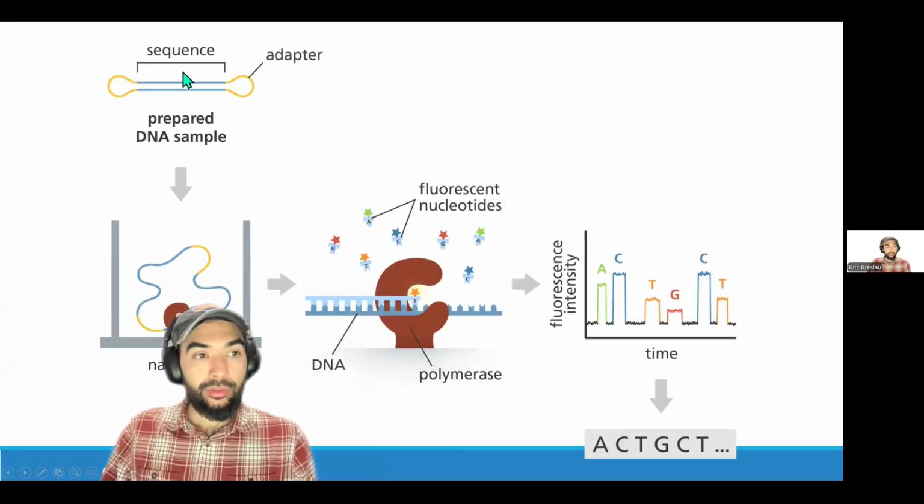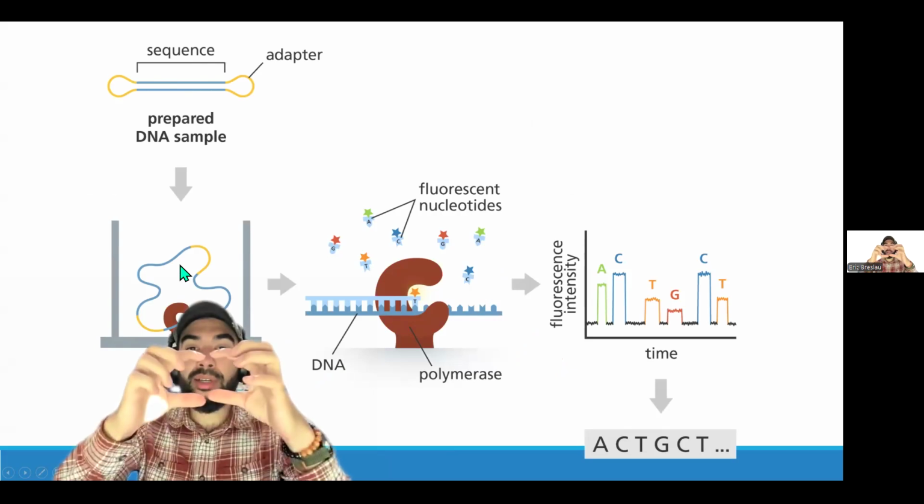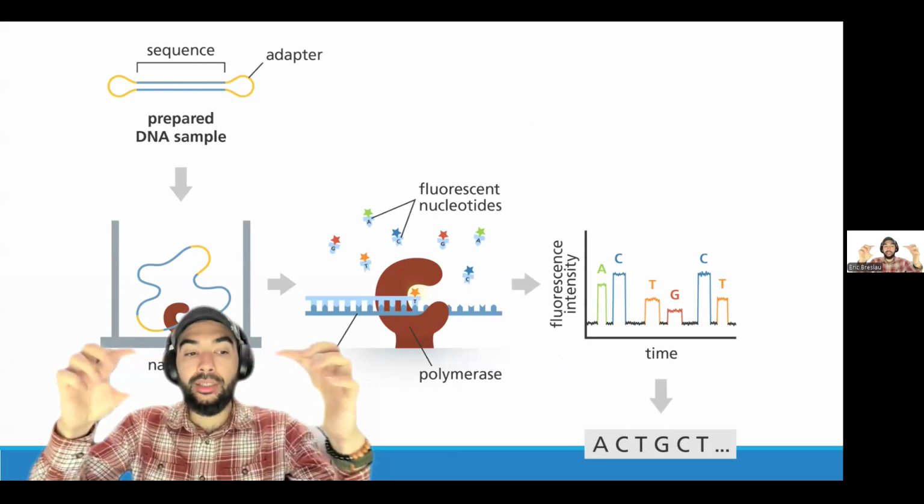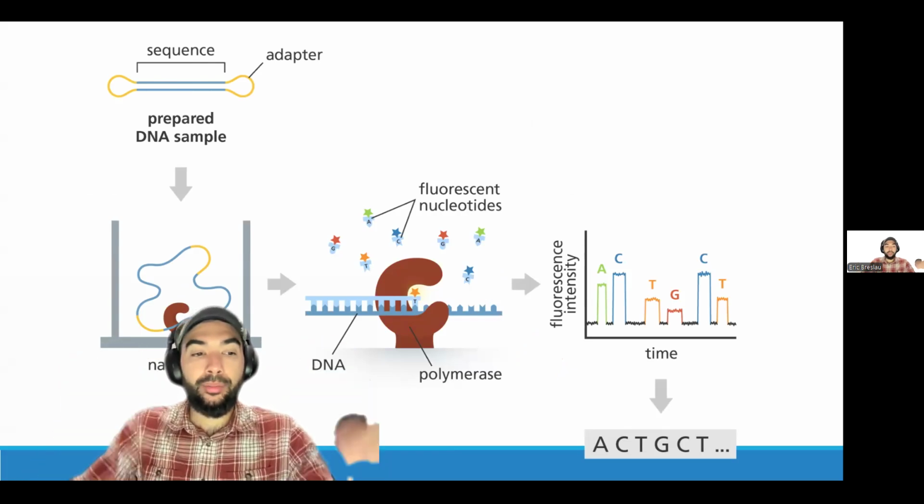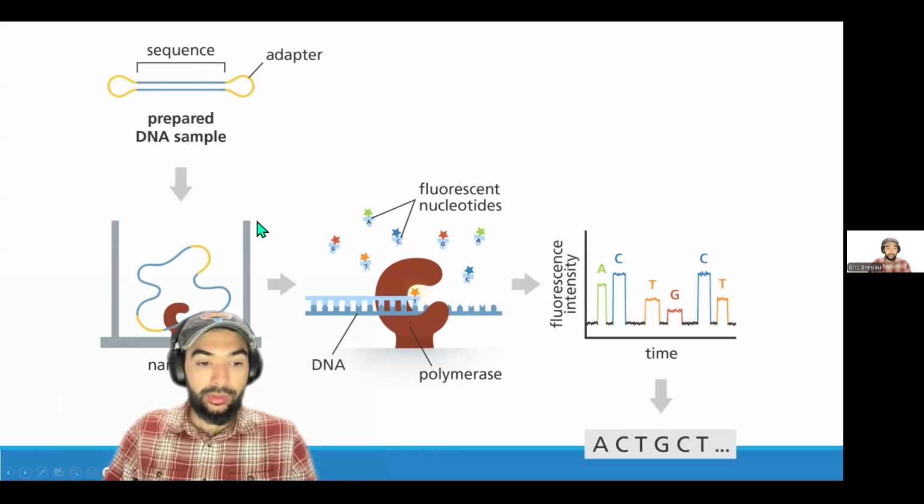Then we take this circularized DNA, and just like with next generation sequencing, we have a chip or a glass slide that has really tiny microscopic wells inside of it. That's what you're seeing here, this well. There are hundreds of thousands of these wells in a single slide. At the bottom of the well, you have DNA polymerase that's been physically attached to the well.